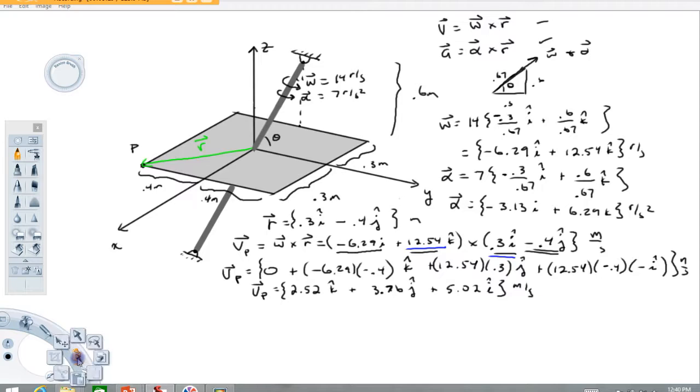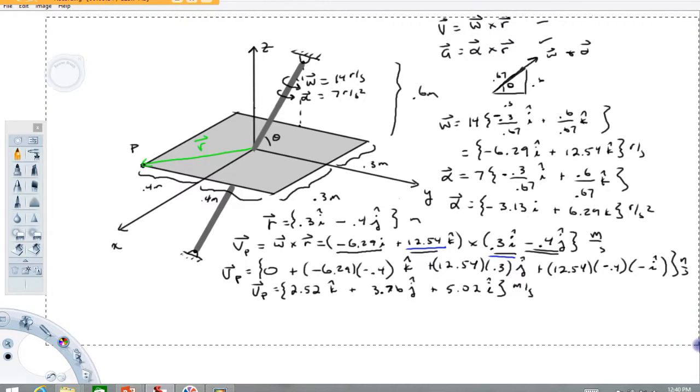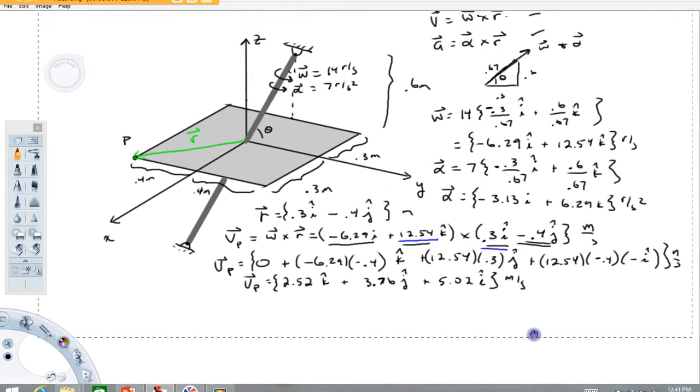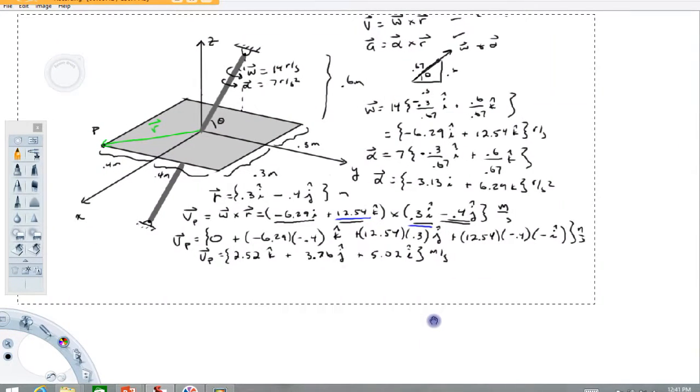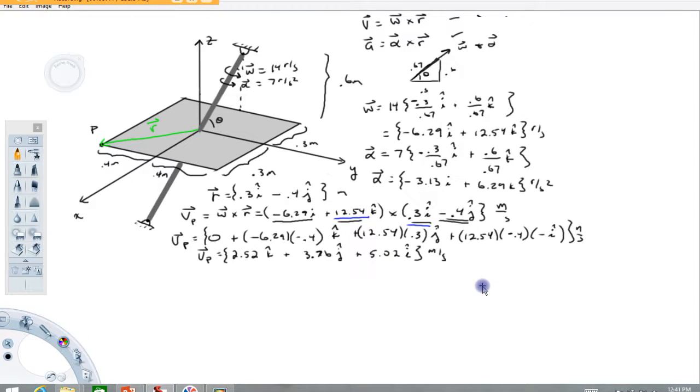All right, now next we're going to work on the acceleration vector. Before we do, however, I'm going to try to get myself a little more room here. All right, so now for the acceleration vector, I'm going to calculate that basically the same way, except we're going to take the angular acceleration and cross it with our position vector. So the angular acceleration vector was here, minus 3.13i plus 6.29j, k, be very careful about that.